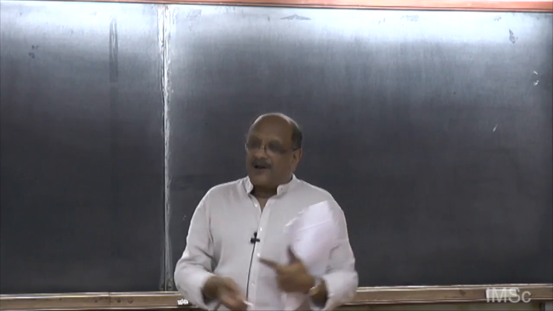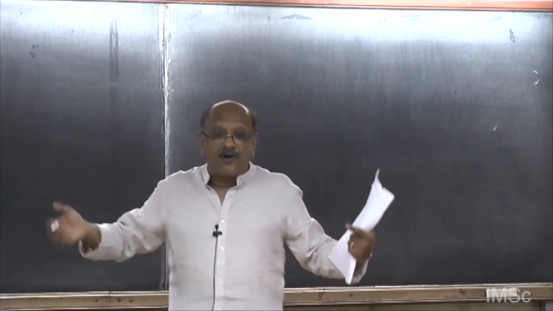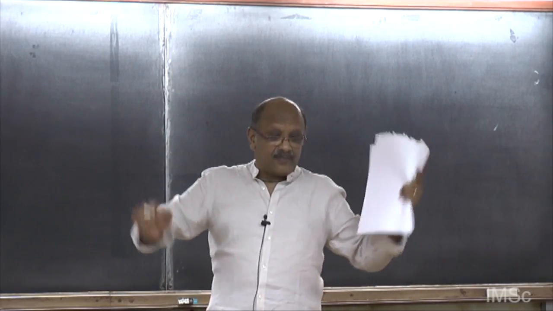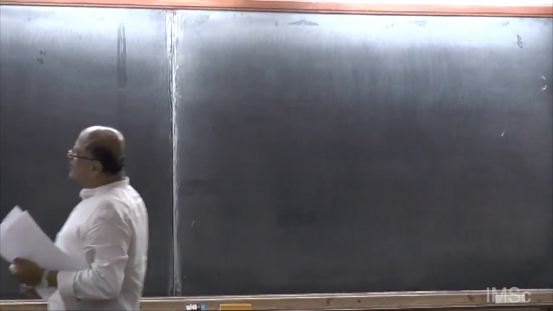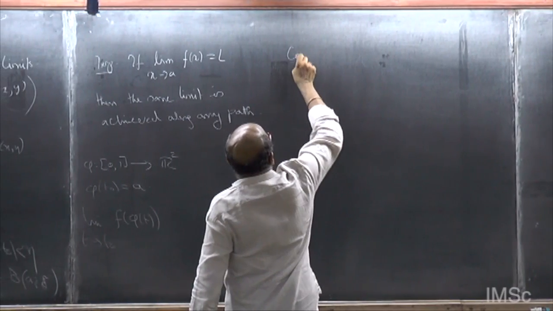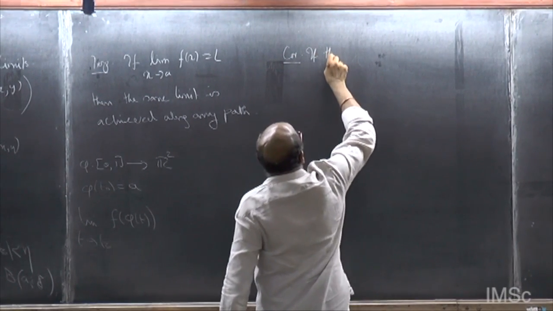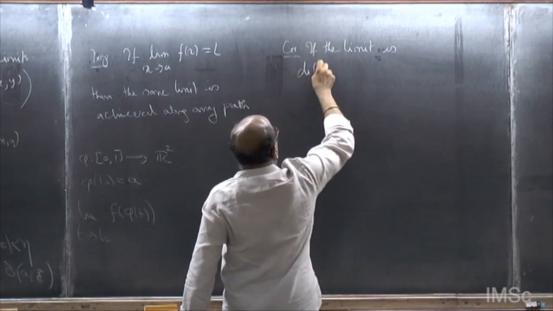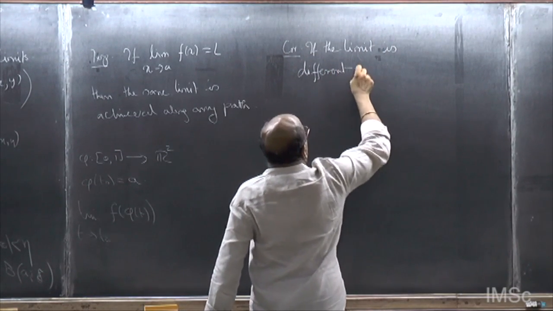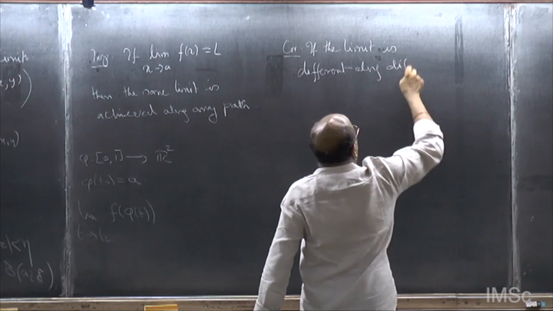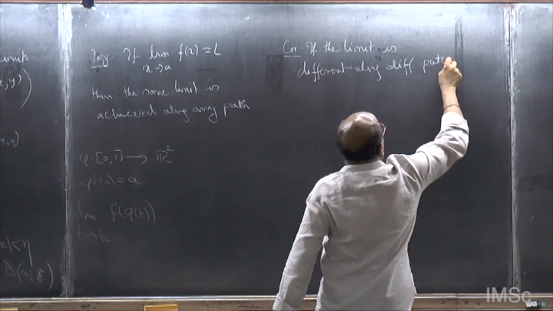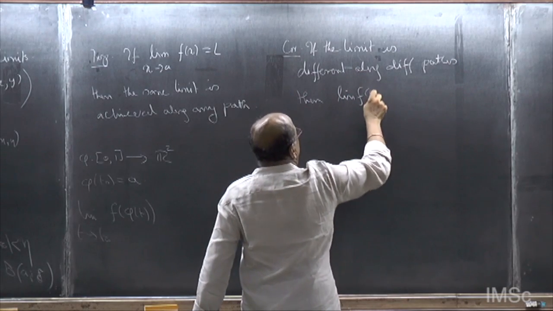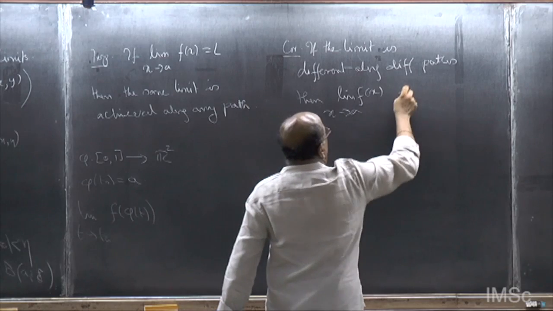Namely, if the limit is different along two different paths, then the whole limit cannot exist. So, that is the way. Corollary: if the limit is different along different paths, then limit f of x as x goes to a does not exist.